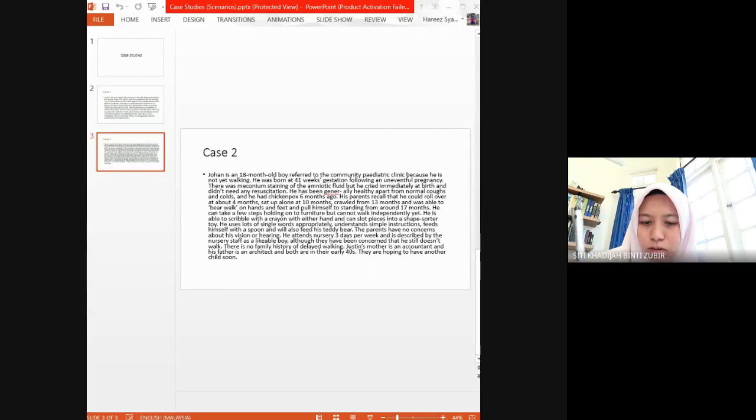Other than muscular dystrophy and cerebral palsy, any other differential diagnosis that you can guess of? How about an endocrine problem that can affect the development of the brain?